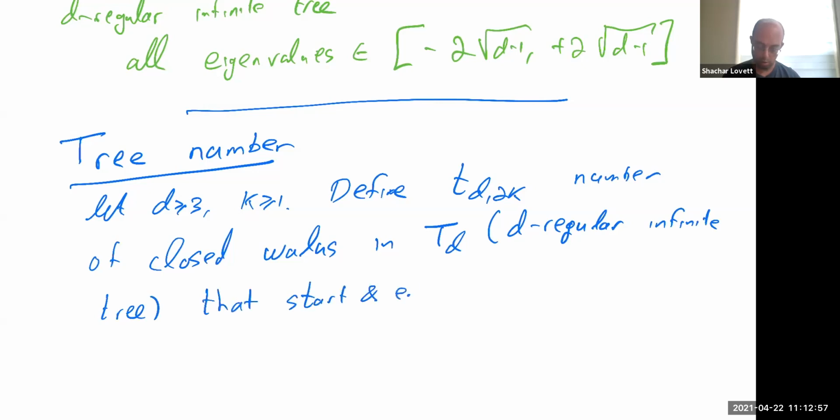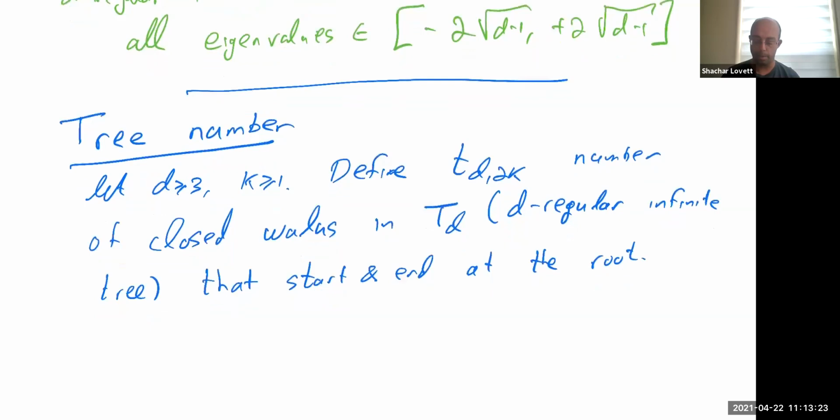Now it doesn't really matter that it's the root, it could be any node, but we fix one node in this tree, and they're all the same. This tree has a transitive automorphism group, so any node would be fine. But we choose one, let's call it the root, and we count walks that start and end at this root.